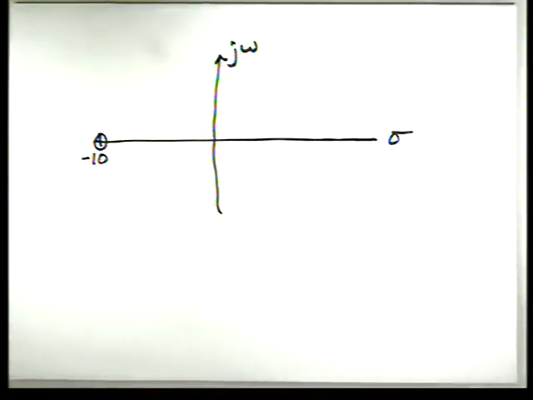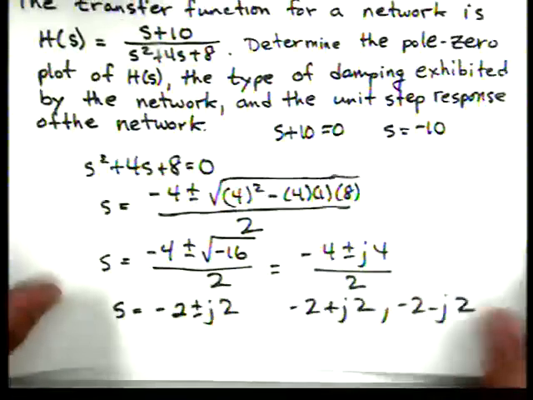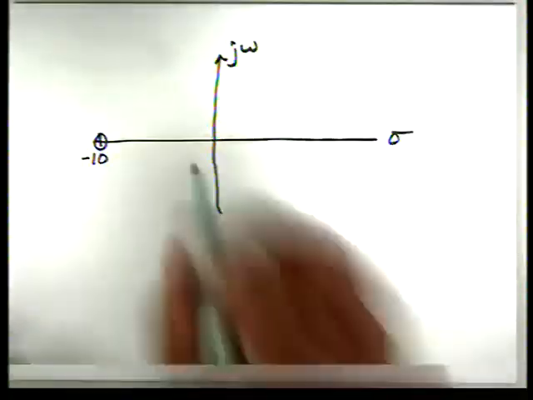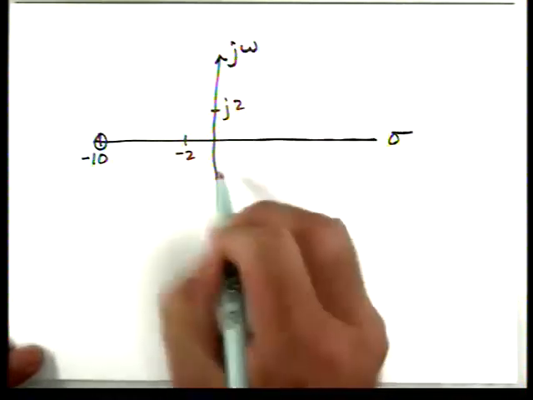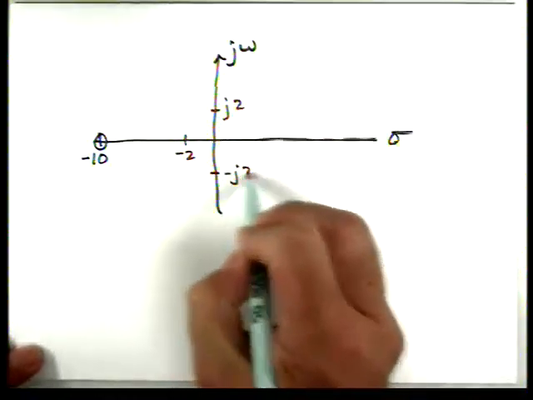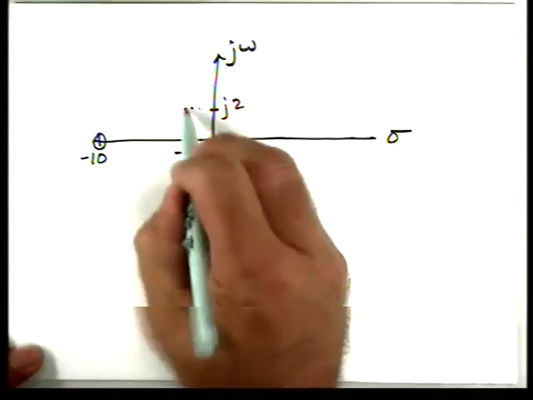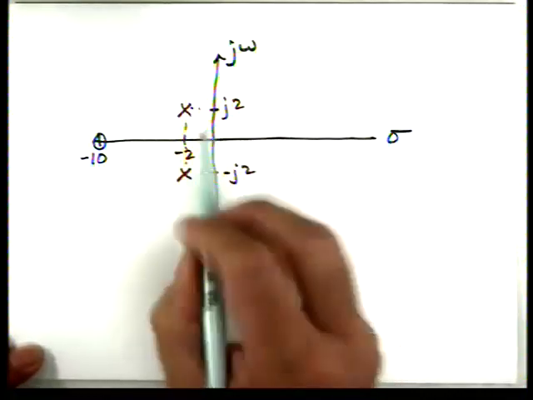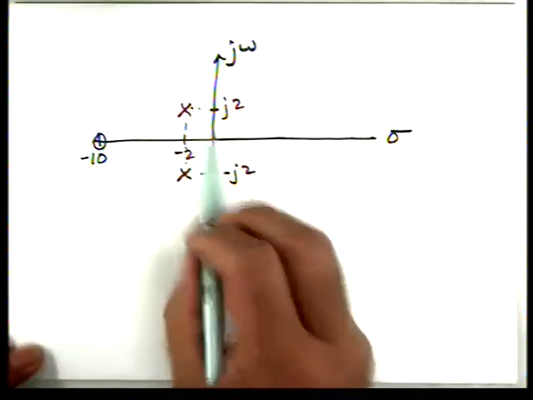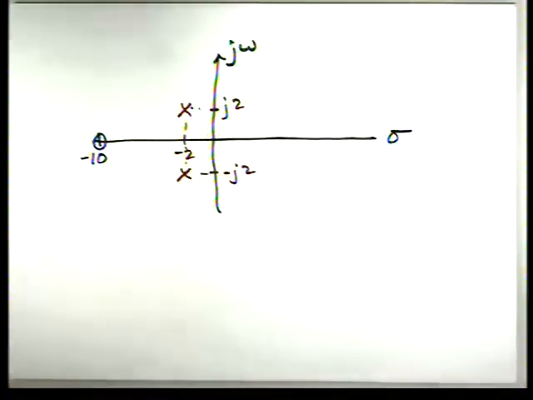Now our two poles are at -2 + j2 and -2 - j2. So out here at -2, here's +j2, here's -j2. So there's our two poles. Two poles, -2 + j2, -2 - j2, and a zero at -10.